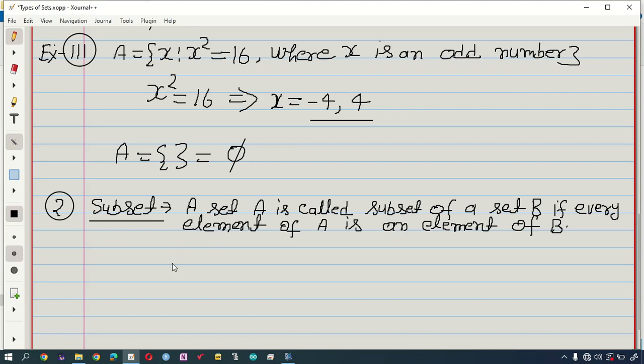Here it is denoted by A is a subset of B. So this symbol is used for showing the subset.